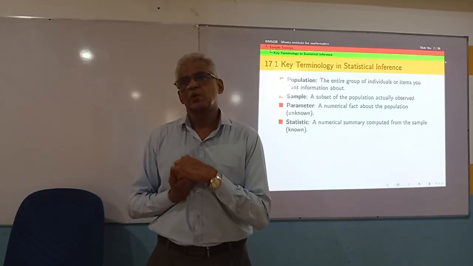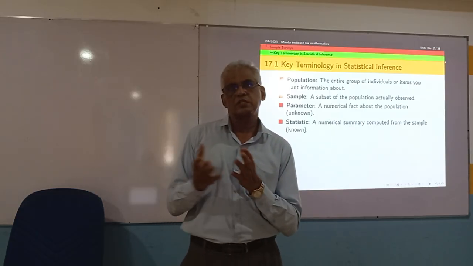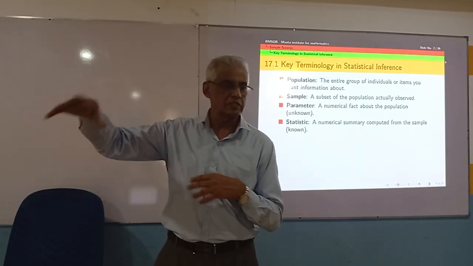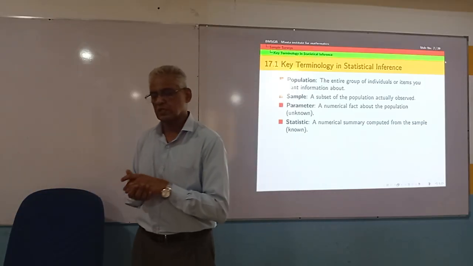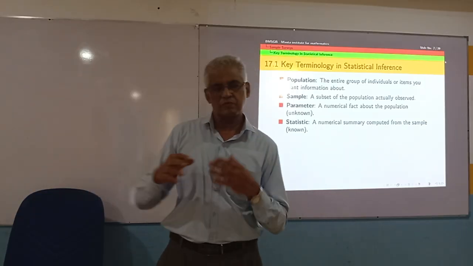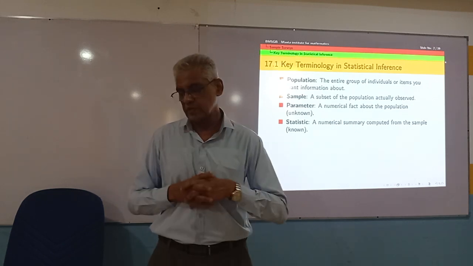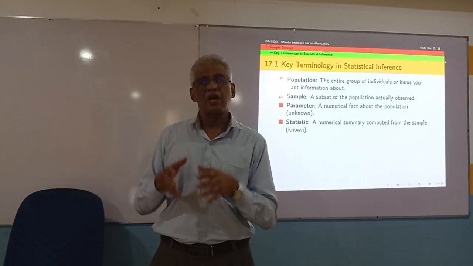Or we might be interested in finding out the correlation coefficient between two variables for the people in a certain population. So these are usually constants. We may be interested in one constant or several constants in the same study, but they are constants which are unknown.